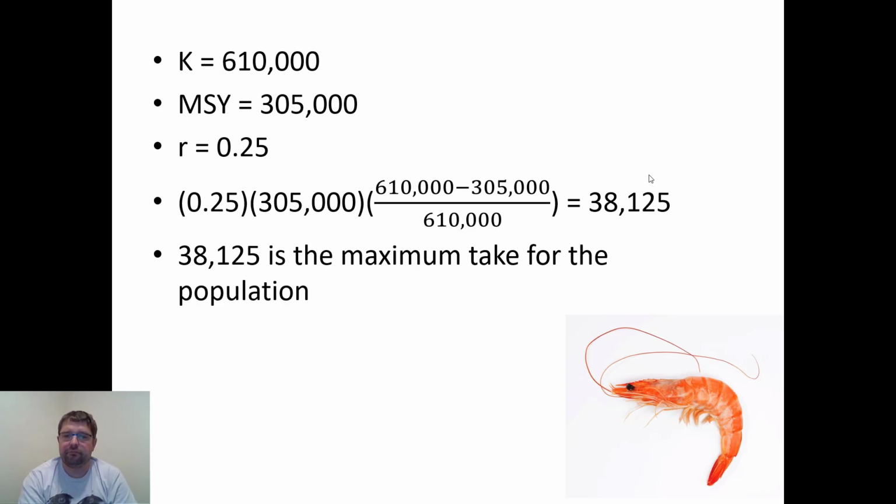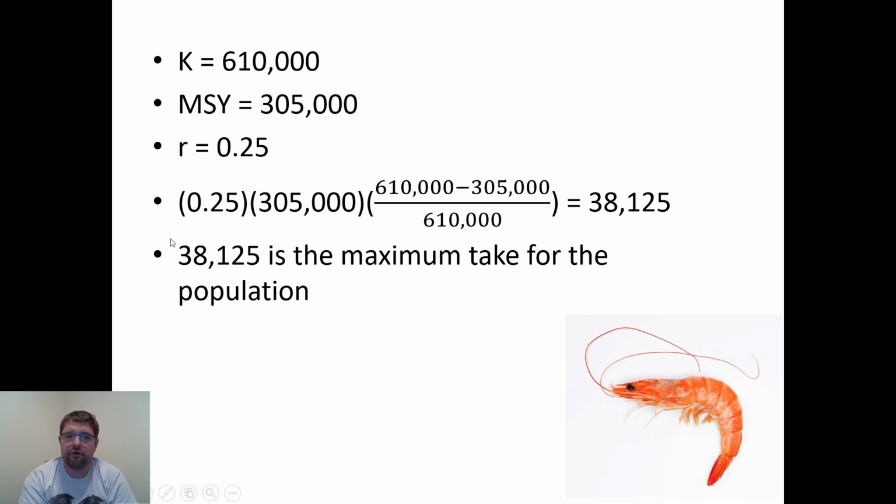They'll sample it below maximum sustainable yield to account for natural mortality. Now, if you already know natural mortality and that's calculated into your R, then you don't have to worry about that. But often this is an issue, and I'll show you why in a second.